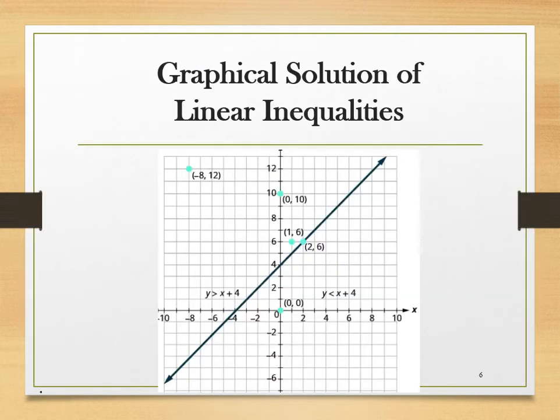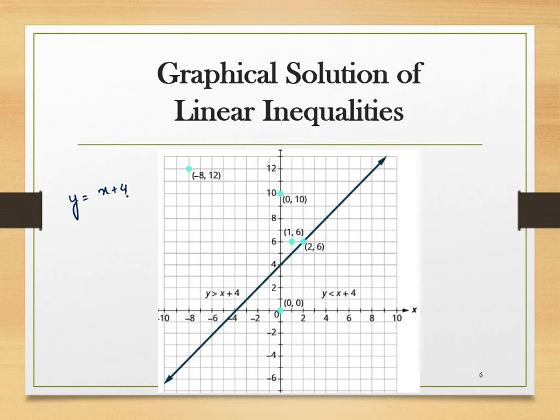Now this is the most important part of linear inequalities, the graphical solution of linear inequalities. Here, for example, on a graph we have this line, and the equation of this line is y equals x plus 4.